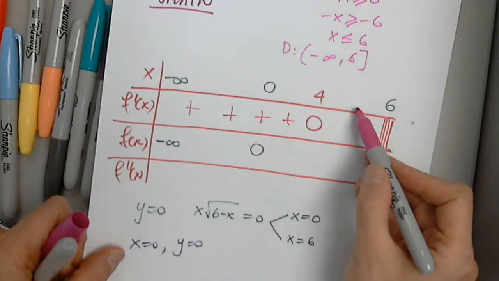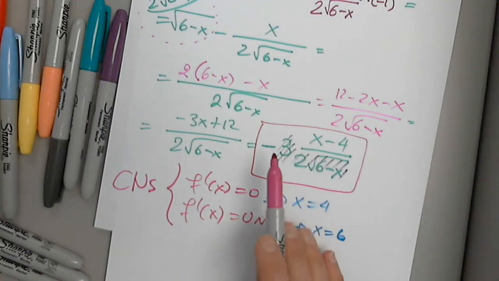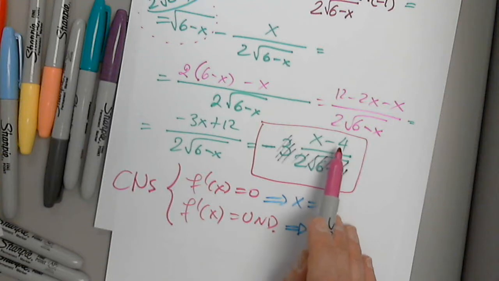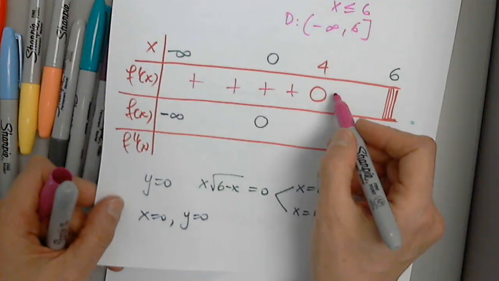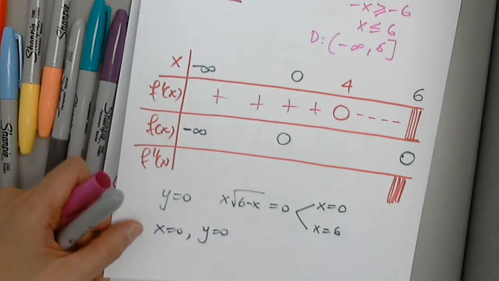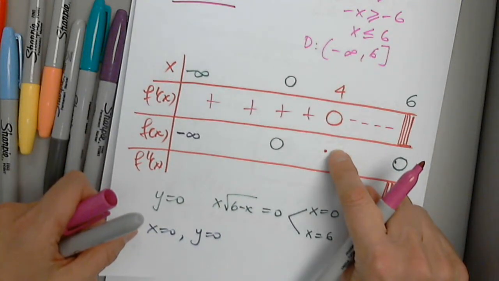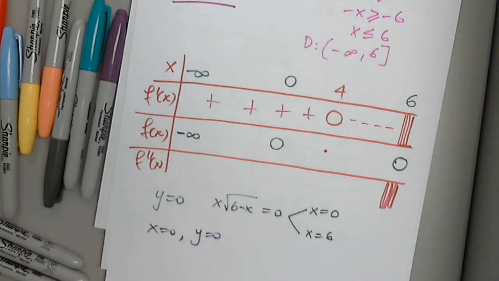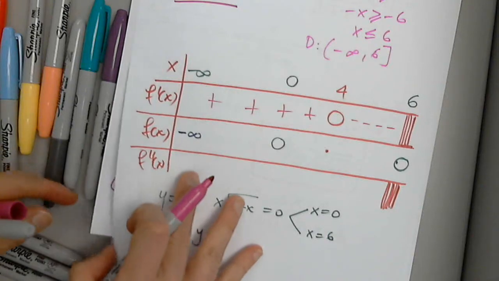Now let's plug in 5, which is between 4 and 6. Please plug in 5 into negative x plus 4 and give me the sign. Excellent. That's all I need. I have to determine the function value at 4. So let's plug it in. So f of 4.